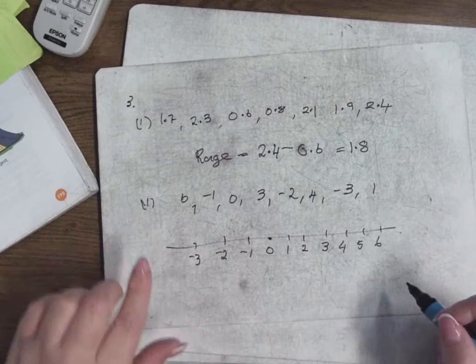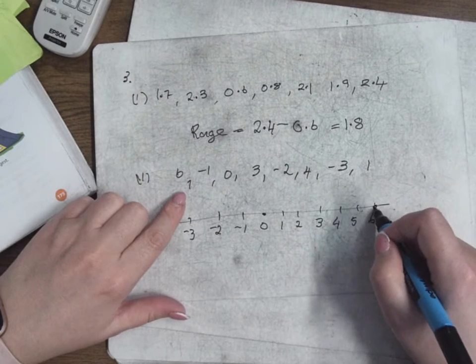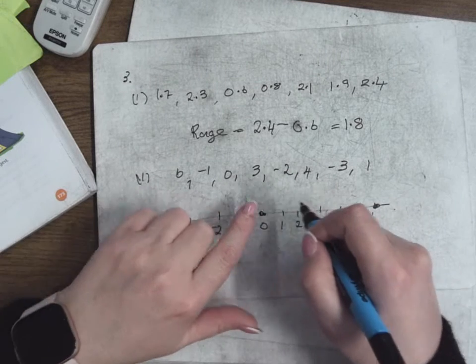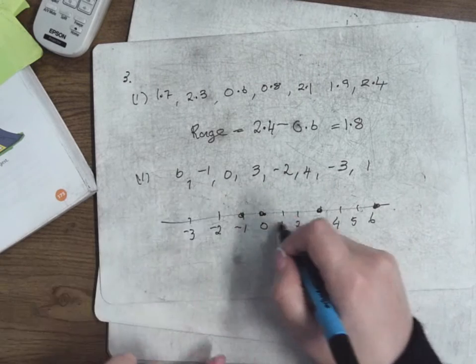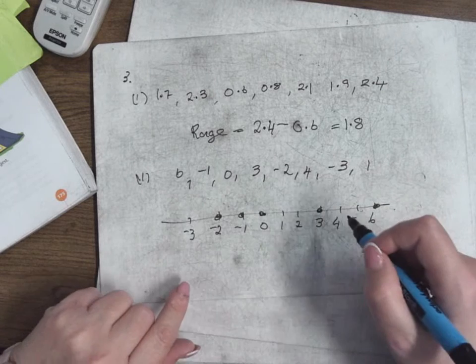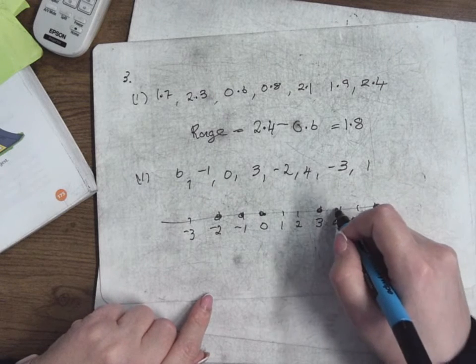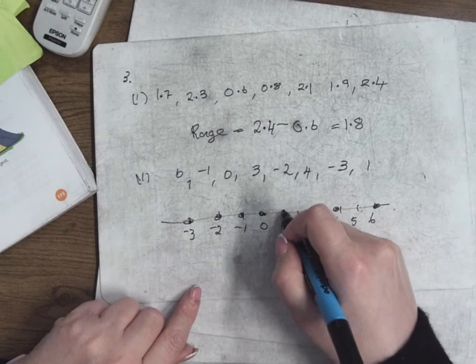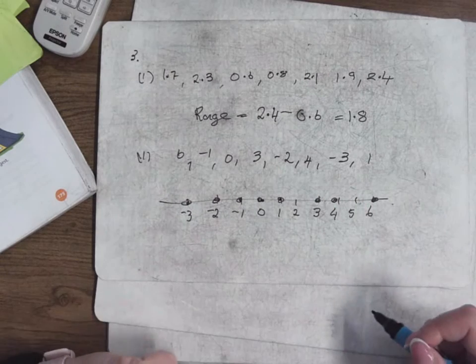Right, so there's a 6, there's a minus 1, there's a 0, there's a 3, there's a minus 2, there's a 4, there's a minus 3, and there's a 1. Isn't that right? They're all my numbers. Is that right?